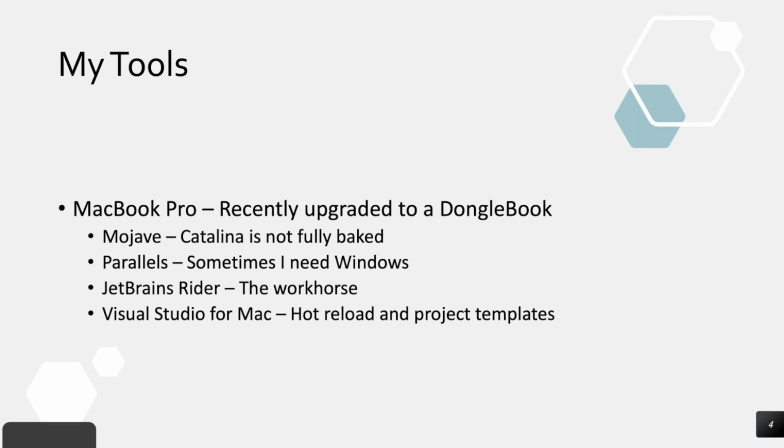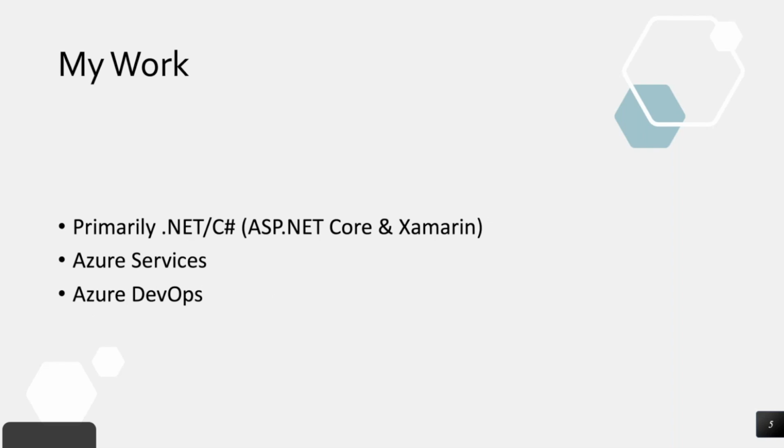There's the rare exception where I'll look at Visual Studio, and that tends to be for the new hot reload functionality if I'm doing UI heavy work. And I'll often drop in to look at the project templates, just to see what the Visual Studio team has been working into the new project templates in Visual Studio for Mac.